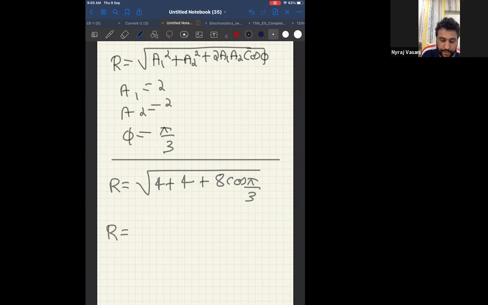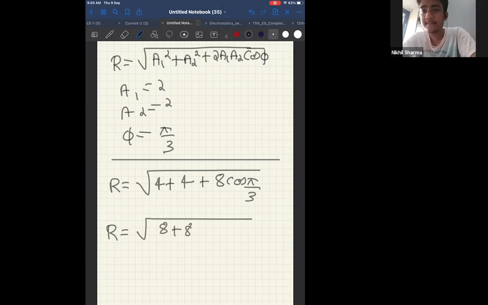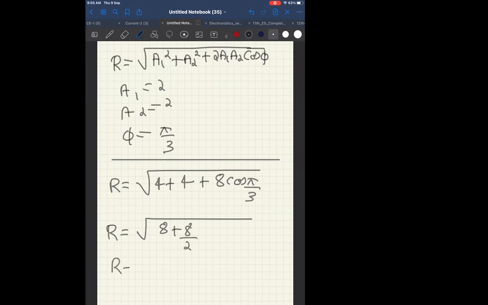Therefore, r is equal to square root of, what is cos pi by 3? Cos 60. What is cos 60? Half. Yes.